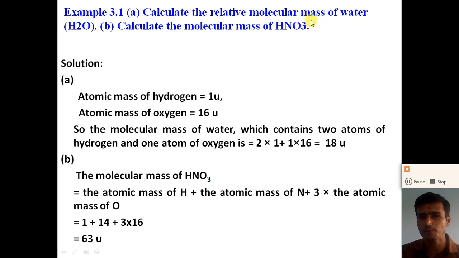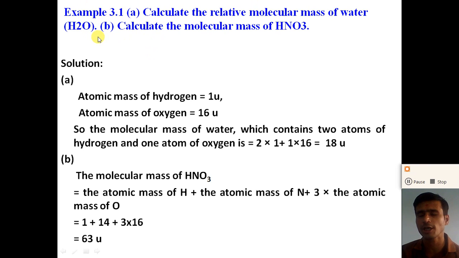Calculate the relative molecular mass of water, H2O. We know that to calculate the molecular mass we require the molecular formula of the substance. So what is the chemical formula of water? The chemical formula of water is H2O, right?